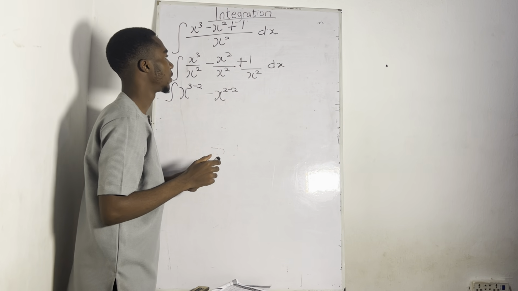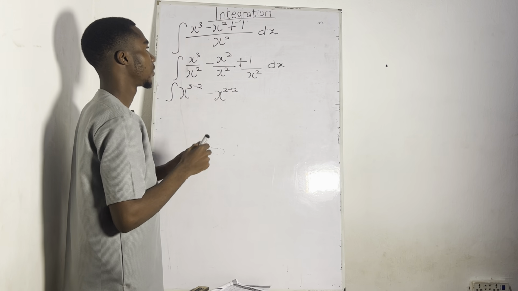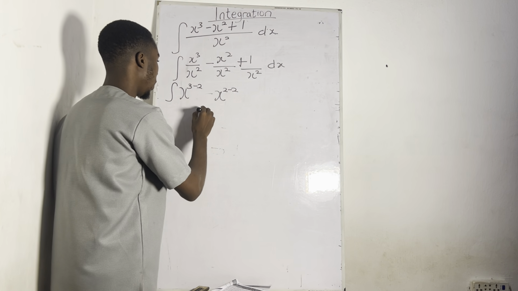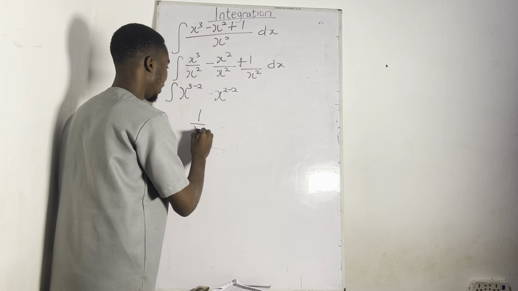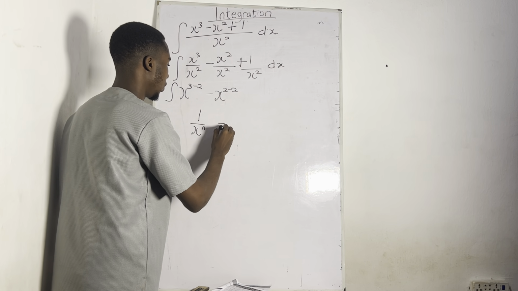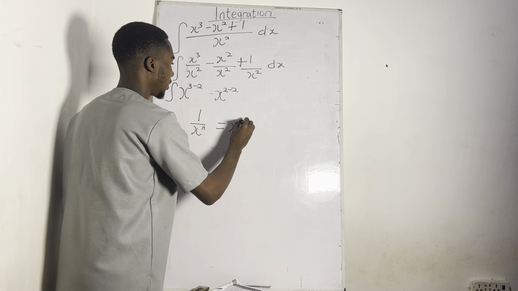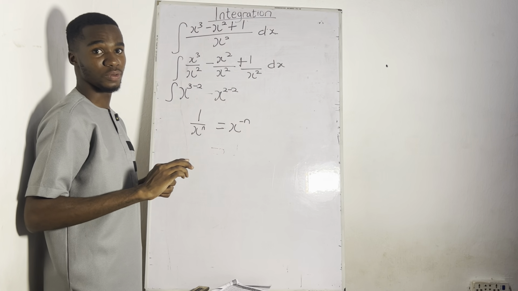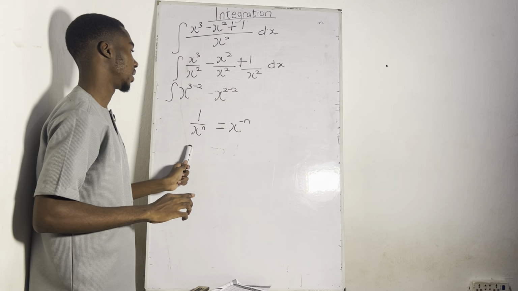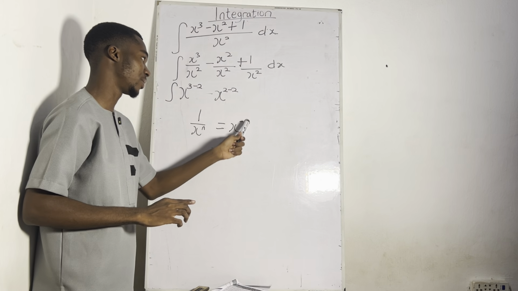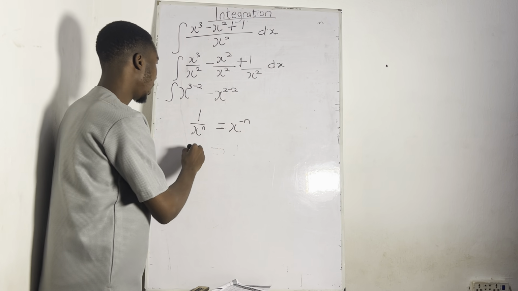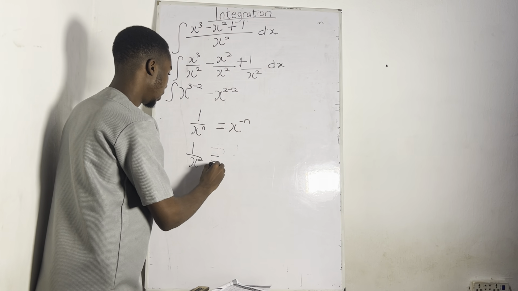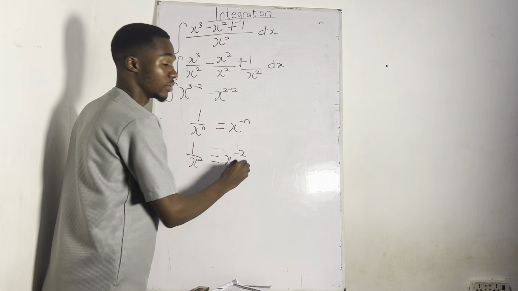Then we have plus 1 over x squared. Now, per the laws of indices, the formula says that 1 over x exponent n is equal to x exponent negative n. Watch this carefully. So it means if you have 1 over x squared, it will be equal to what? x exponent negative 2.